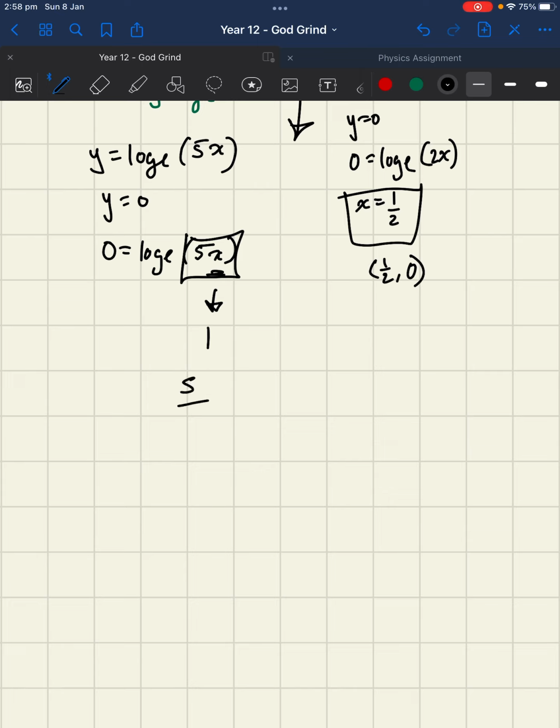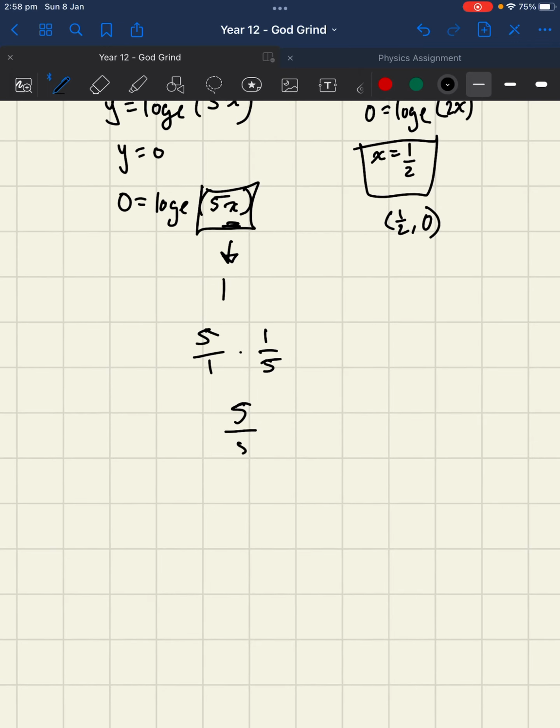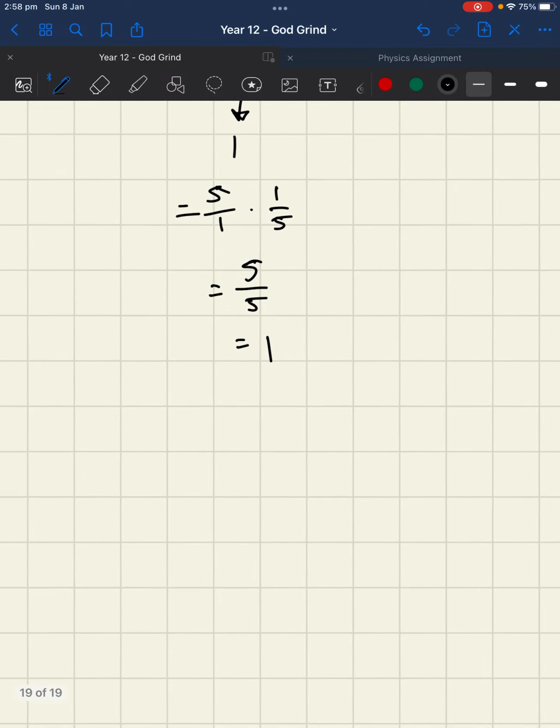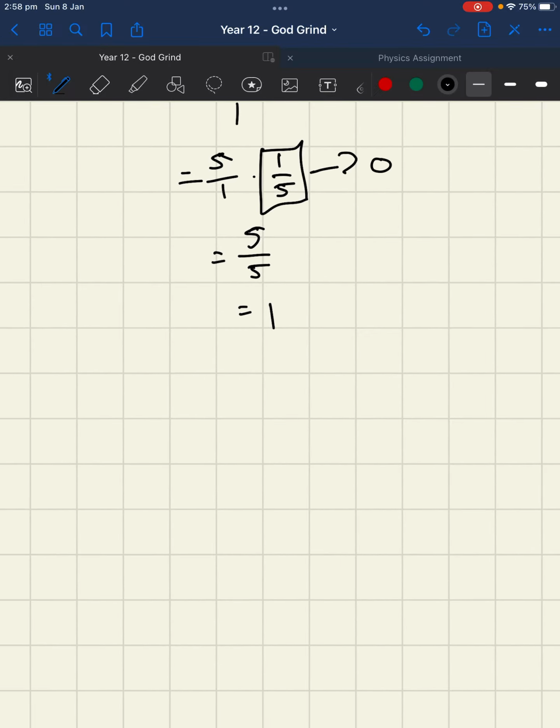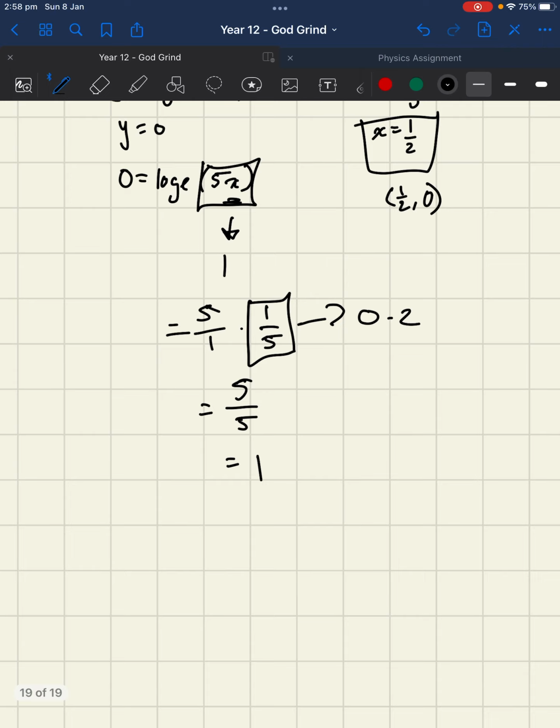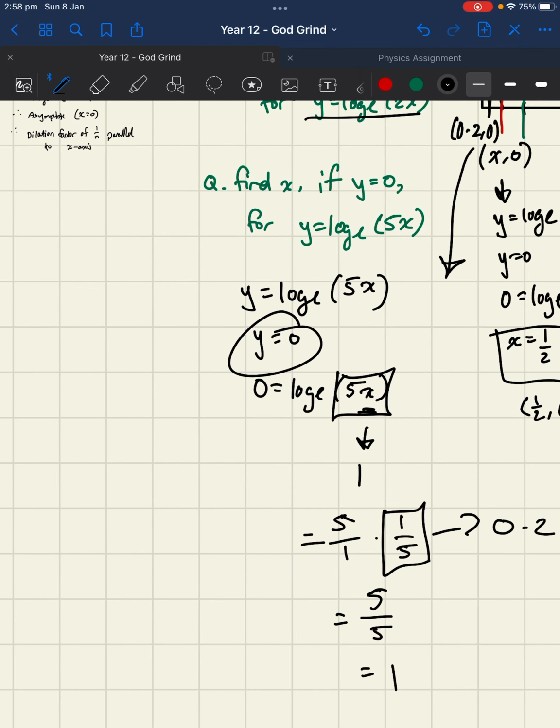When 5 over 1 is multiplied with 1 over 5, it becomes 5 over 5, which is equal to 1. And 1 over 5 is 0.2. Therefore, when y is equal to 0, x is equal to 0.2.